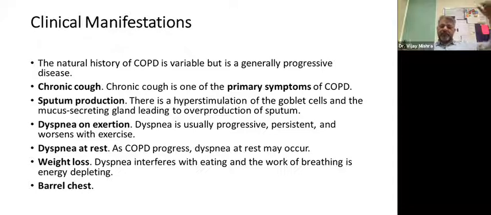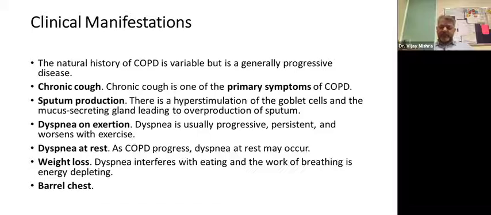Dyspnea on exertion is a very common presentation of COPD, which gets worse with exercise. Dyspnea at rest, now this is a bad situation. If a COPD patient is dyspneic even at rest, then you know that the disease has progressed horribly.